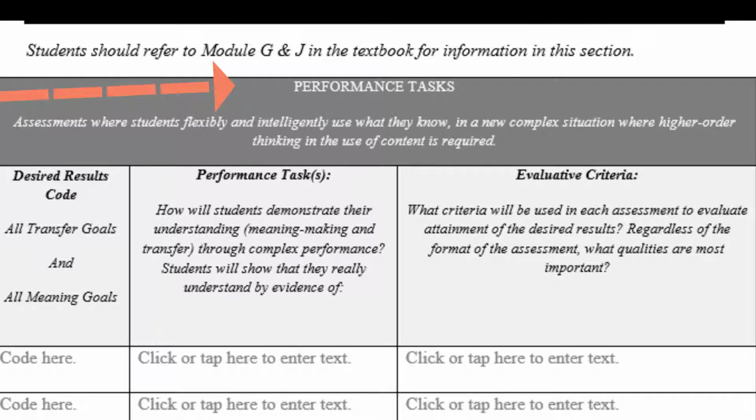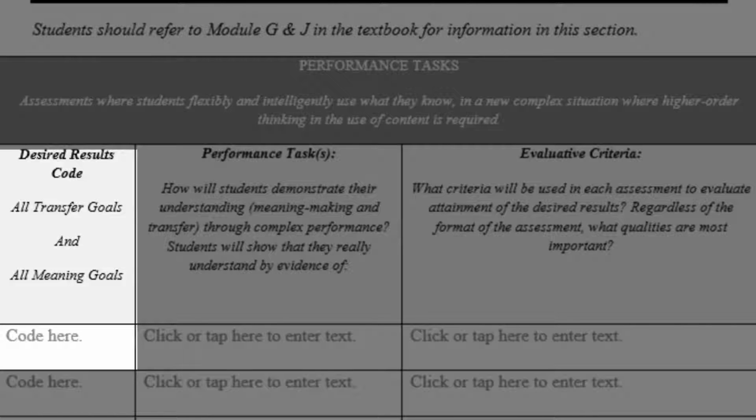And this is primarily going to be for those items that we had under transfer and for the items that we had under essential questions and the understandings. We can then put the transfer goal codes and the meaning goal codes into where it says code here, and then that will allow us to really identify which performance tasks are meeting which desired results.